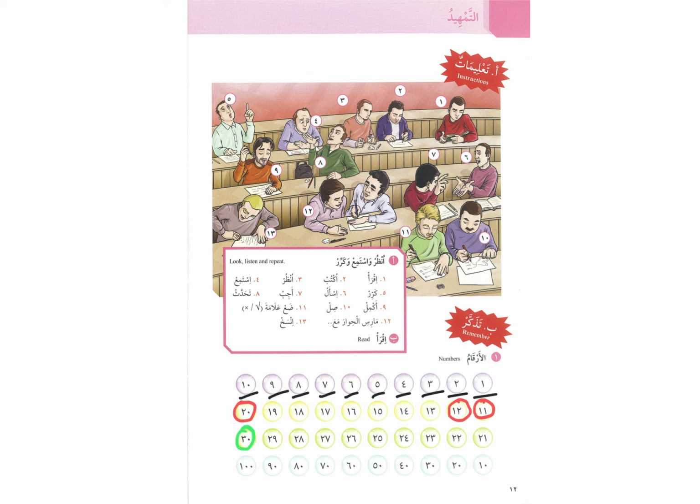ثلاثون. So 30 to 90 is quite easy, as in it starts off with the beginning of the word. So ثلاثة, we take the beginning of that word, ثلا, and then we take the ta marbuta off, and at the end we add a waw and a noon. ثلاثون.